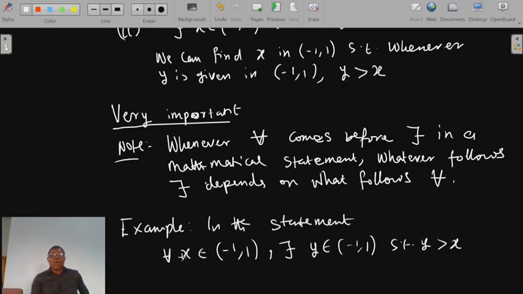And what follows for all is x in minus 1, 1, while what follows there exists is y in minus 1, 1.